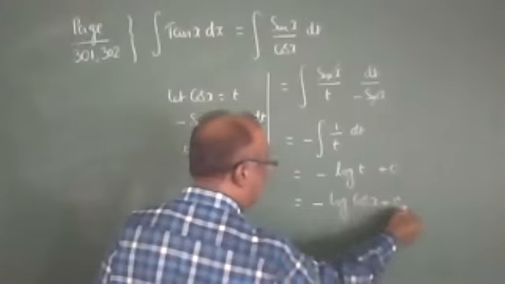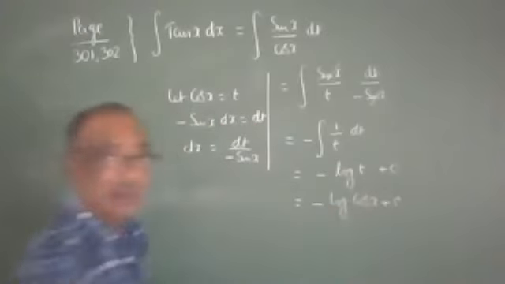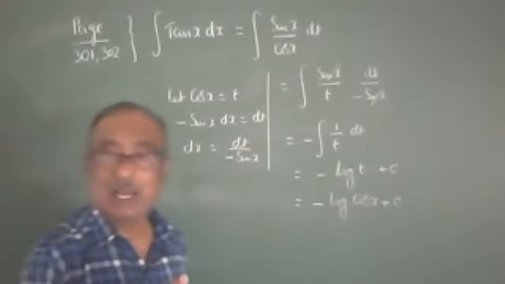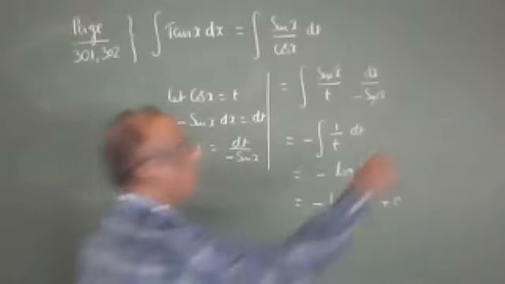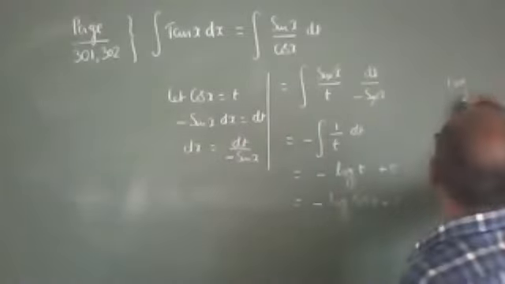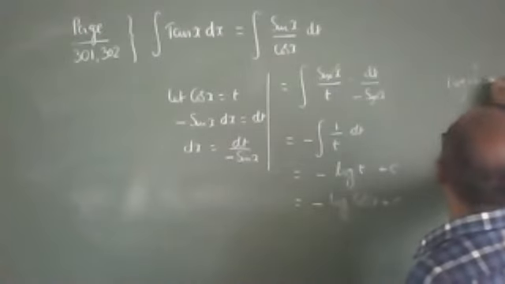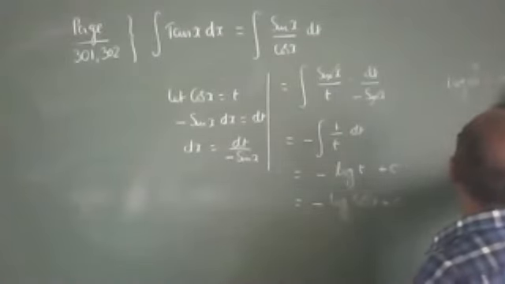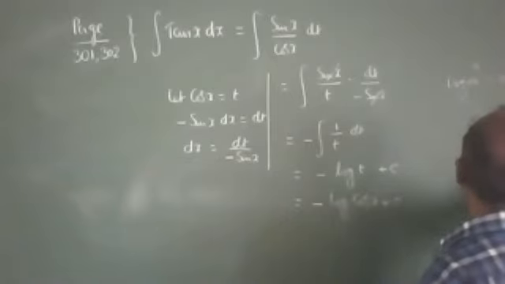Okay? Now see, minus is the number. It is in logarithm. What is the formula of logarithm? Log m power of n, we should write n into log m. Reverse also we can see.